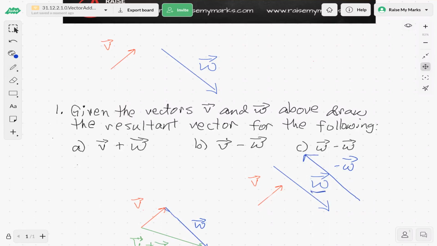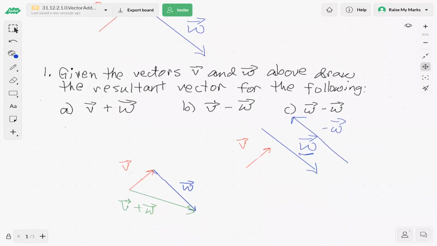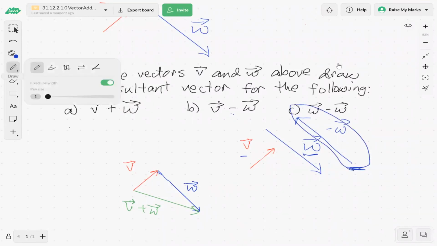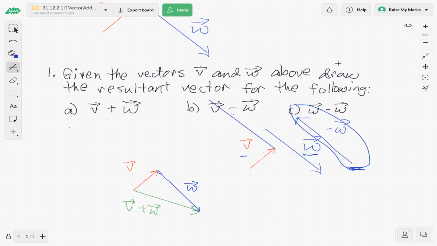So let's scroll down a little bit. Now we have our vector v plus negative w, so we're going to add this vector to it. Getting a little bit messy, but that's all right. It's going to go off in this direction for the same magnitude length as our vector w, but pointing in the opposite direction.